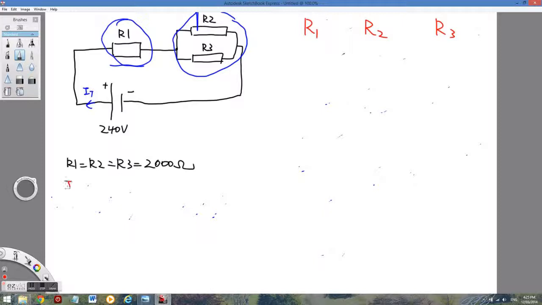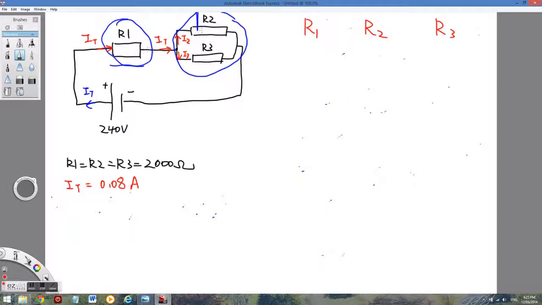What we did find out is the total current will be 0.08 amps, from last time. So what's happening is 0.08 amps of current goes through R1, and afterwards the current will split to I2 and I3.